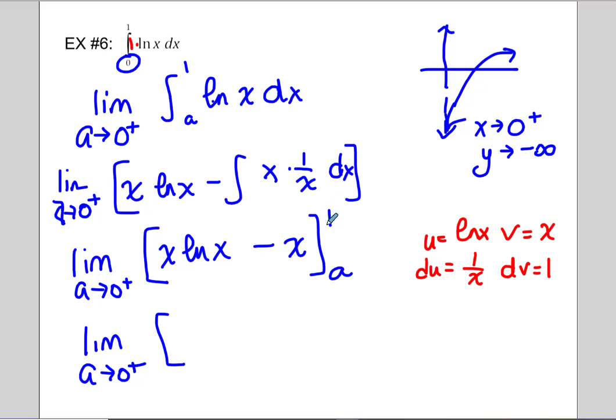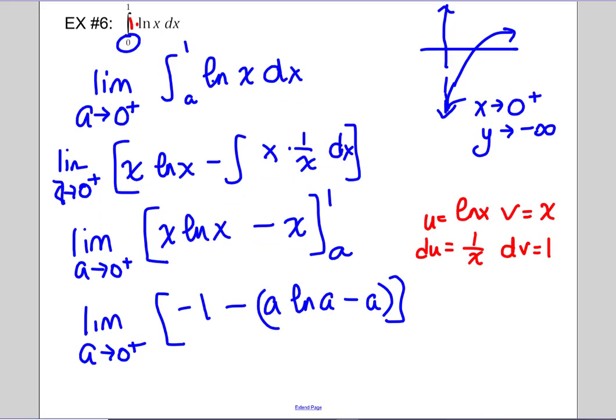So substituting 1 in here, we got 1, and then substituting a, we have a natural log of a, minus a, because this went to 0, that left negative 1, substituting a, and a, and then finally taking the limit.